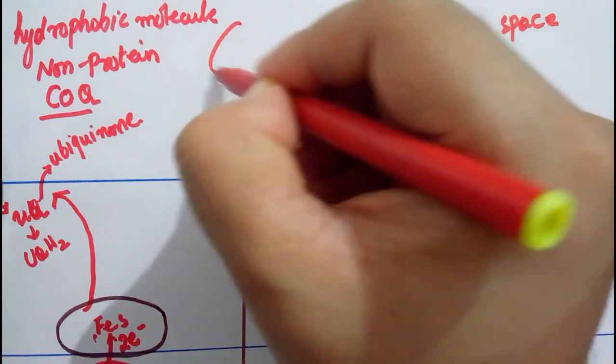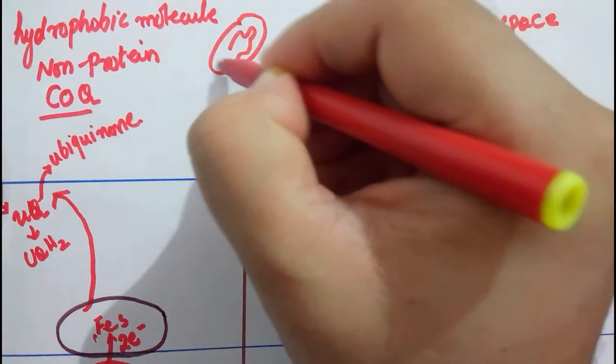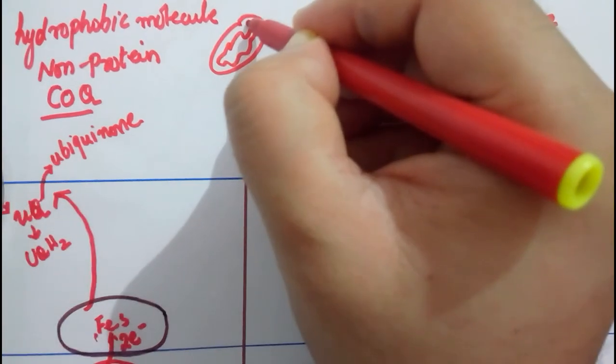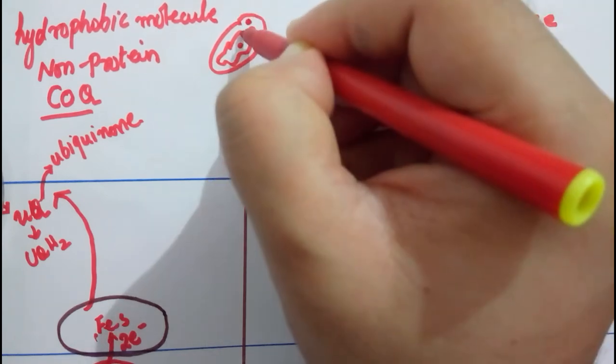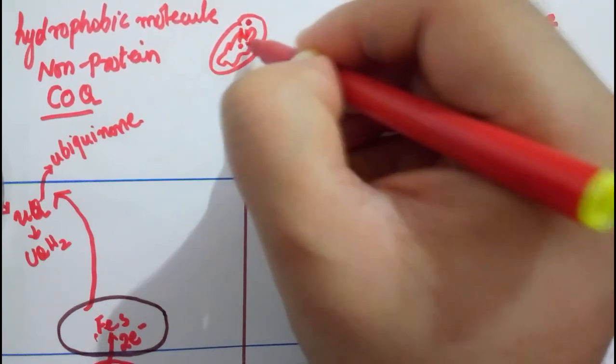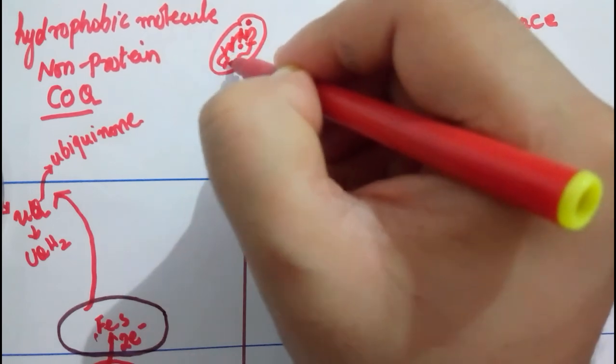If you see the mitochondria, this is the intermembrane space and this is the matrix. All these proteins are present on the membrane.